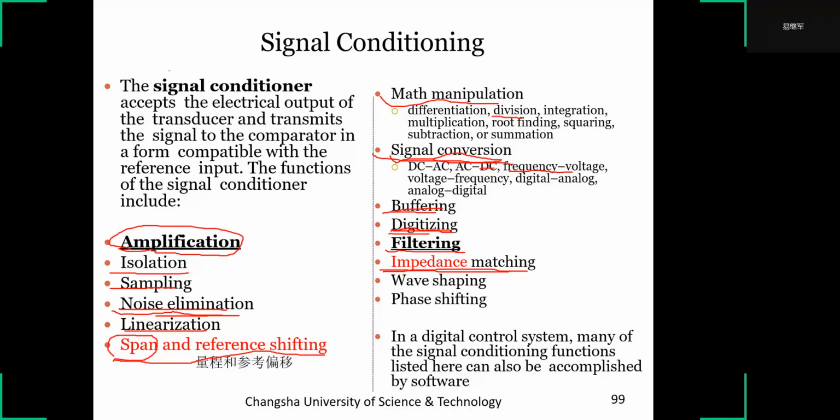For example, if we want to input some signal to another device, we hope the input impedance is small.